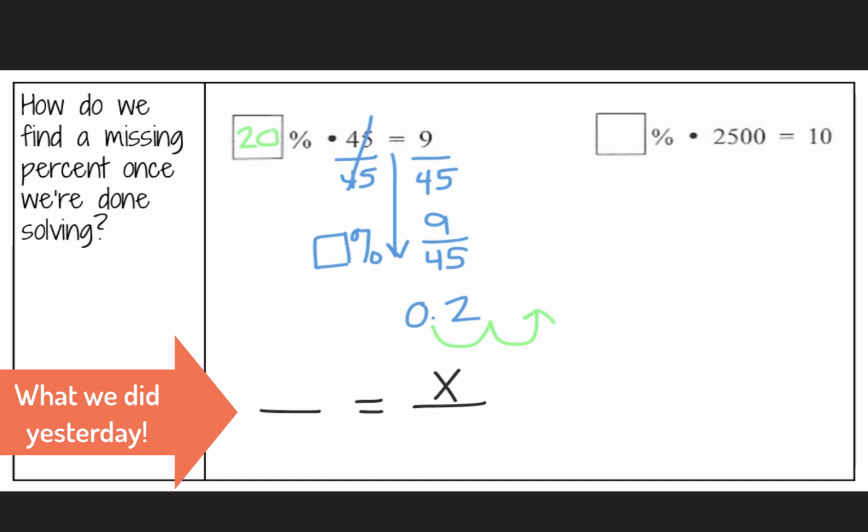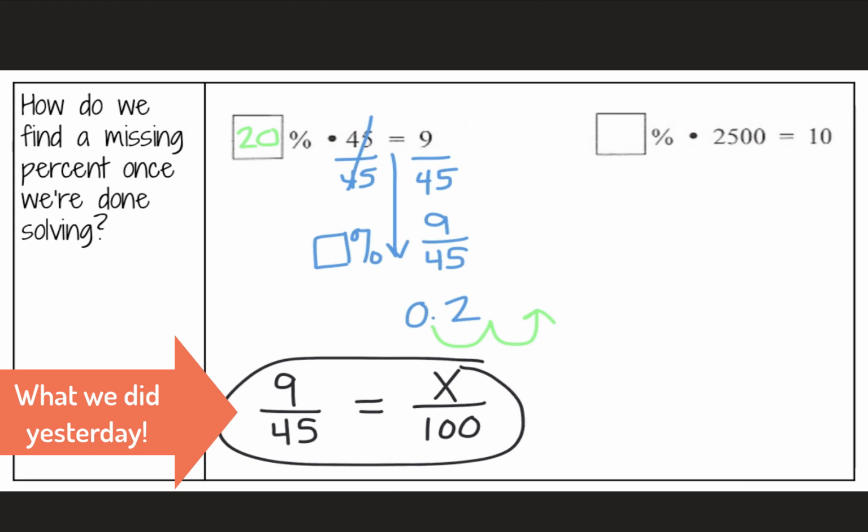We were finding the percent. We had the total. We had the part. This, what we did yesterday, is also represented up here like this, where we're using our knowledge of solving one-step multiplication equations. Both of these are the same. You might go, Ms. Kluver, this seems way easier to me working with the proportion.